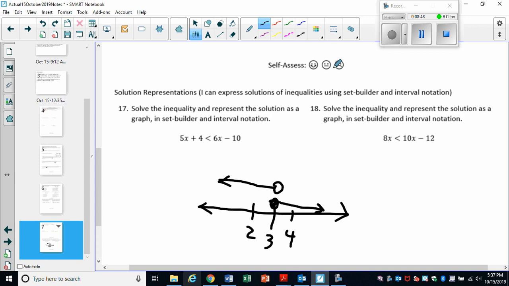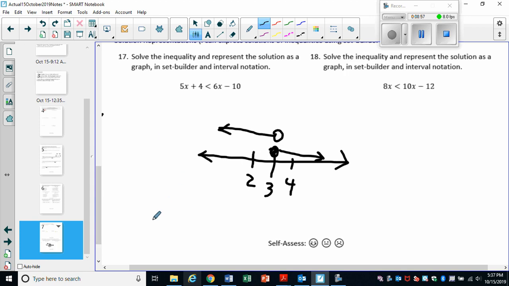And then interval notation. So set builder notation. For set builder, actually we will use this example. So pretend that's our graph. I'm going to use different color arrows to differentiate the situations.